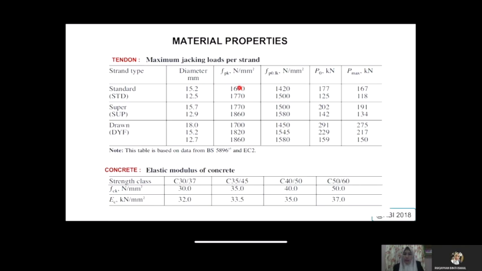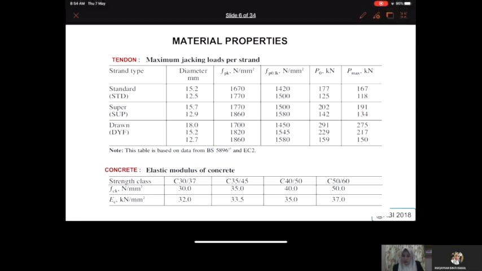Also the fpk, which is the ultimate strength of the tendon, and fp0.1k, which is the proof stress, normally slightly lower than the ultimate strength. And this is the initial pre-stress force, and this is the maximum pre-stress force that you can use.